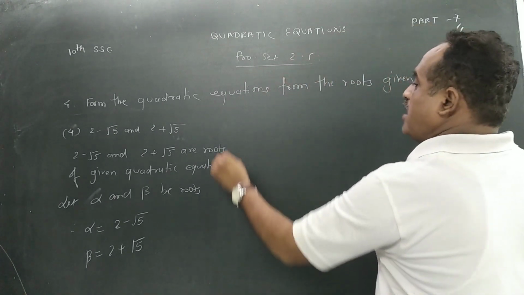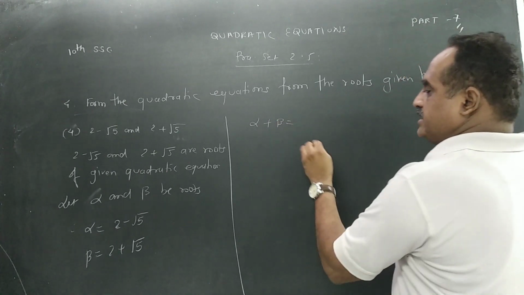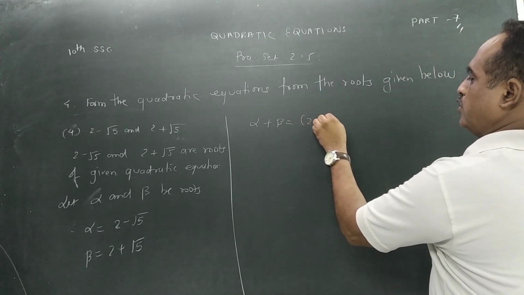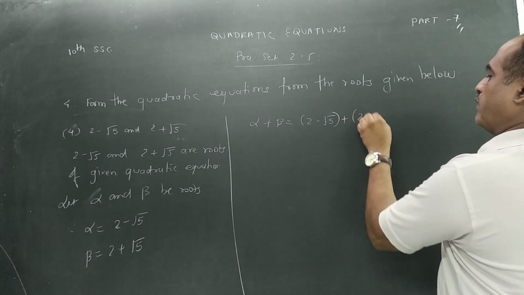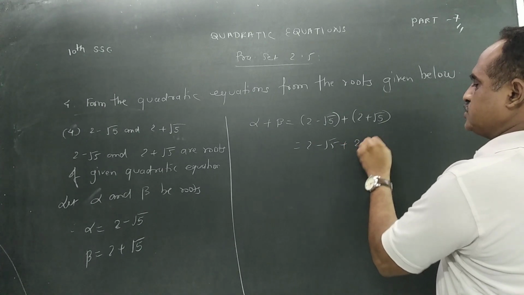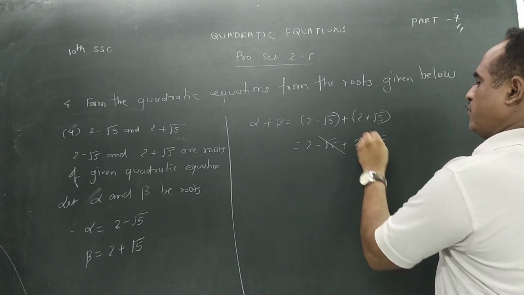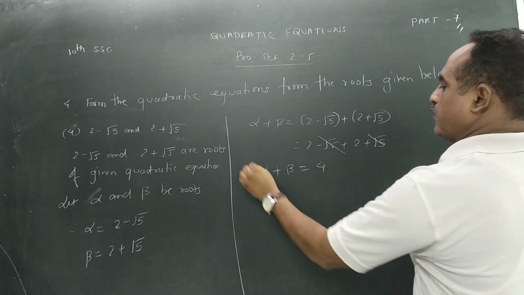Now, first of all, we are going to find out the value of alpha plus beta. Therefore, alpha plus beta is equal to 2 minus root 5 plus 2 plus root 5. Root 5 will cancel. Alpha plus beta is equal to 4.